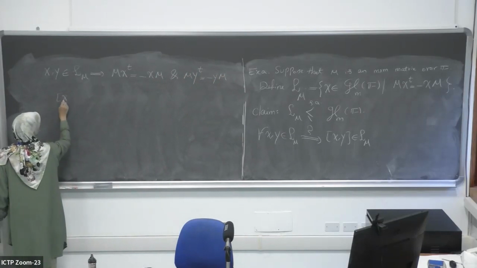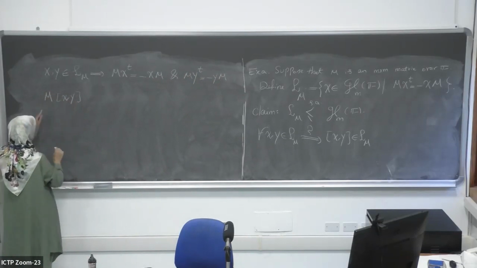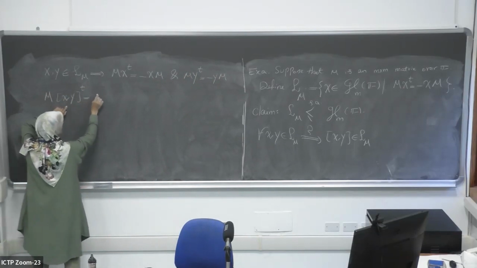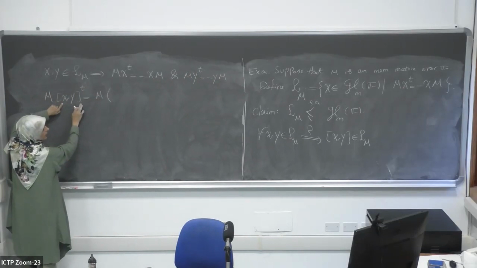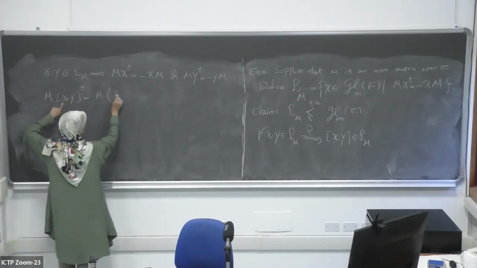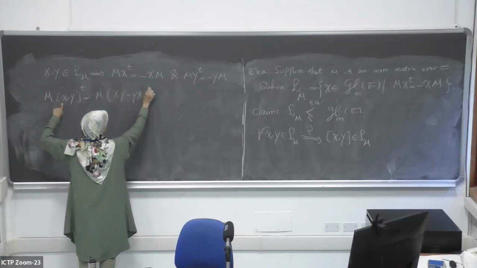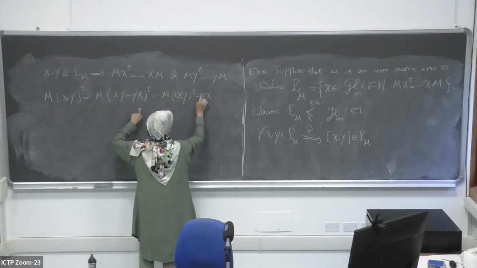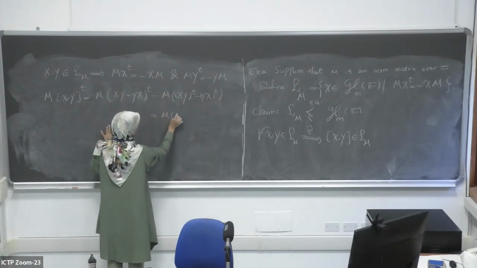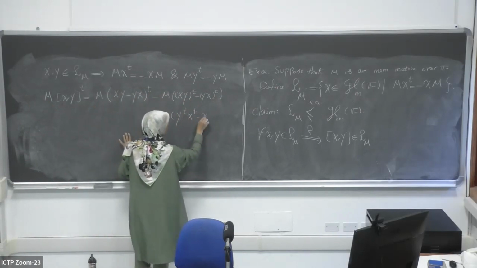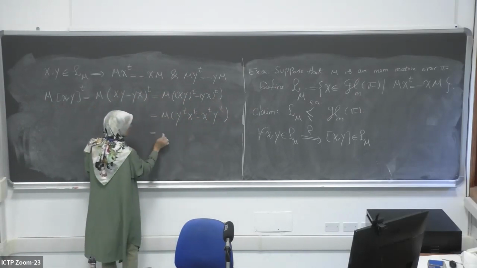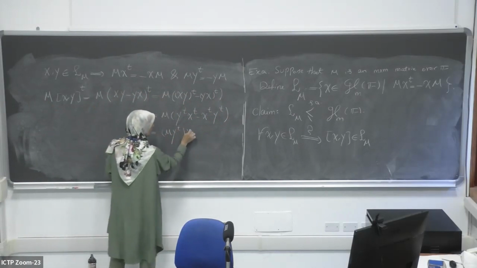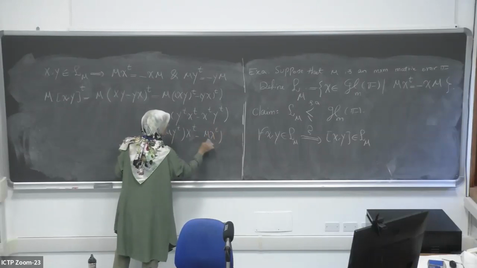And now, M [x,y] transpose is M, and again, as we are in gl(F), the bracket is the commutator, so it is M (xy minus yx) transpose, and it is M (xy) transpose minus M (yx) transpose. It is M yt xt minus M xt yt.